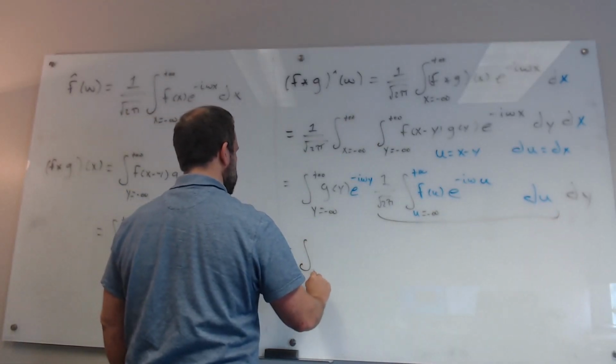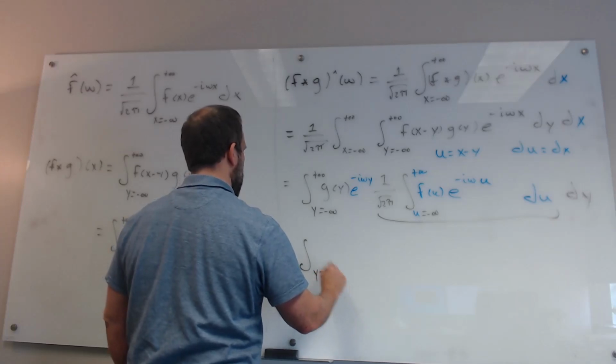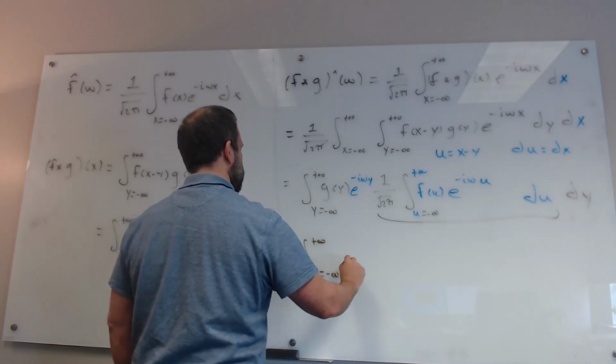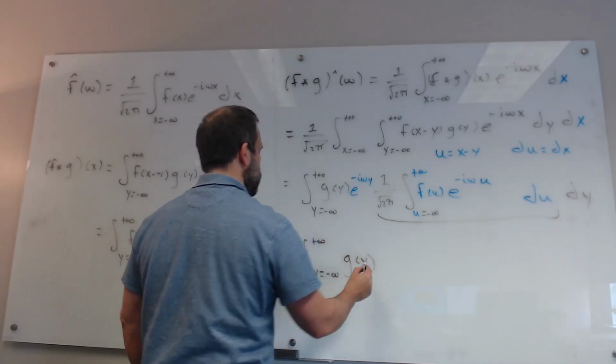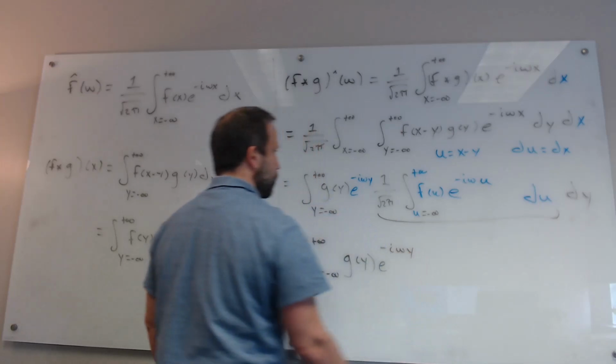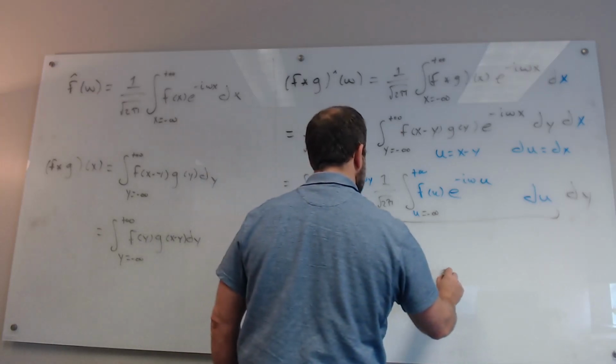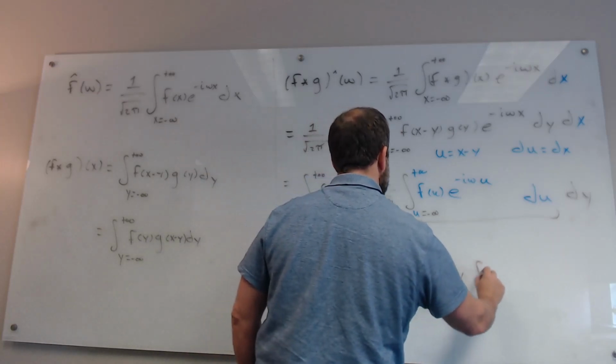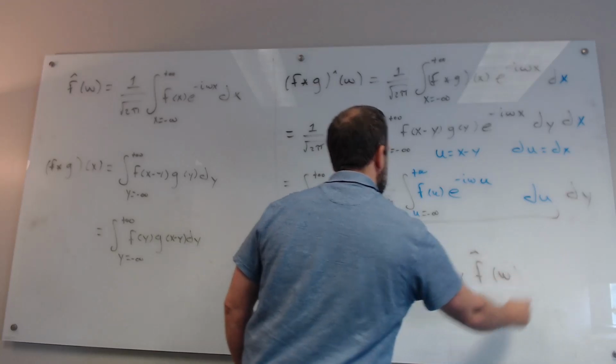And so this is going to be equal to the integral y going from minus infinity to positive infinity, g of y, e to the minus i omega y dy, times f hat of omega.